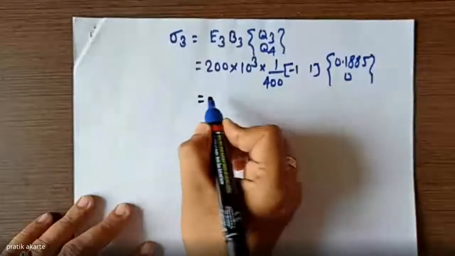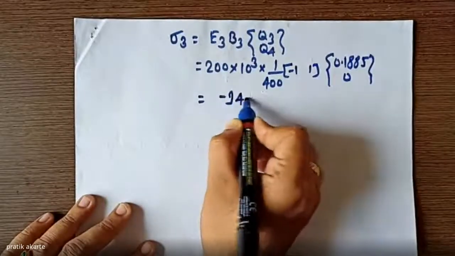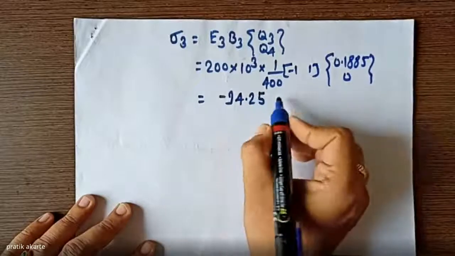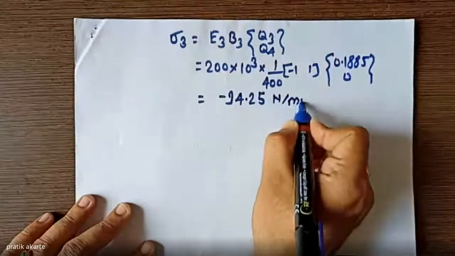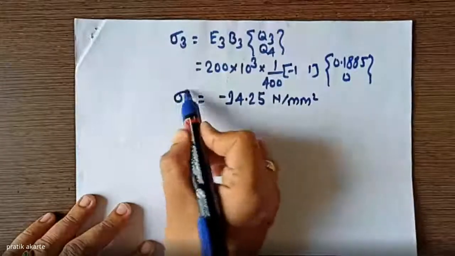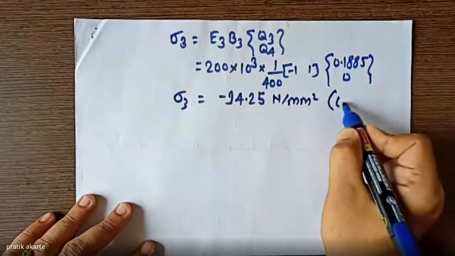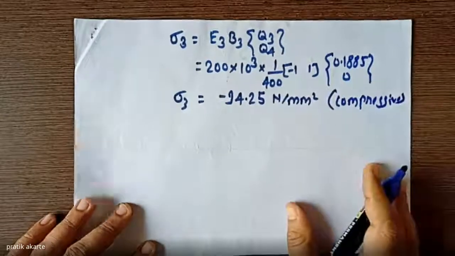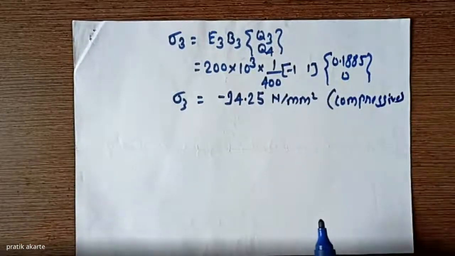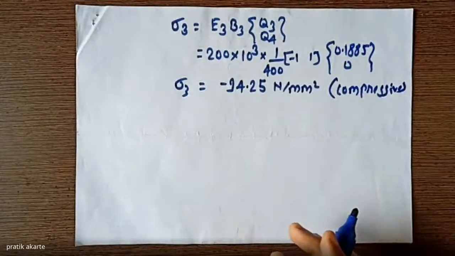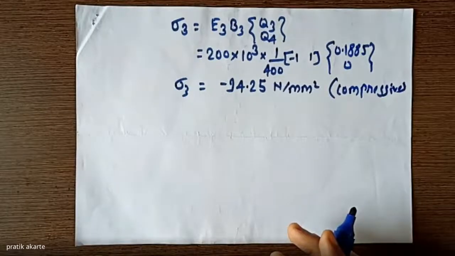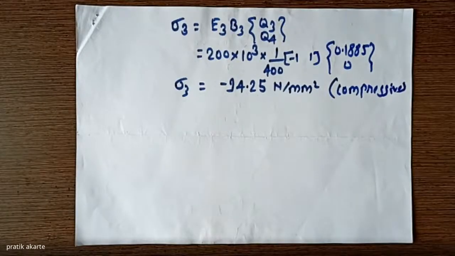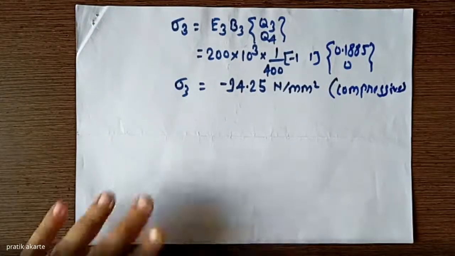So it is coming out to be minus 94.25 Newton per millimeter square. So this is new for us. We can say that this is a compressive stress. Okay, so this is how you can solve your problems. There are a variety of things that can be asked in these cases. So this is one of the important problems.